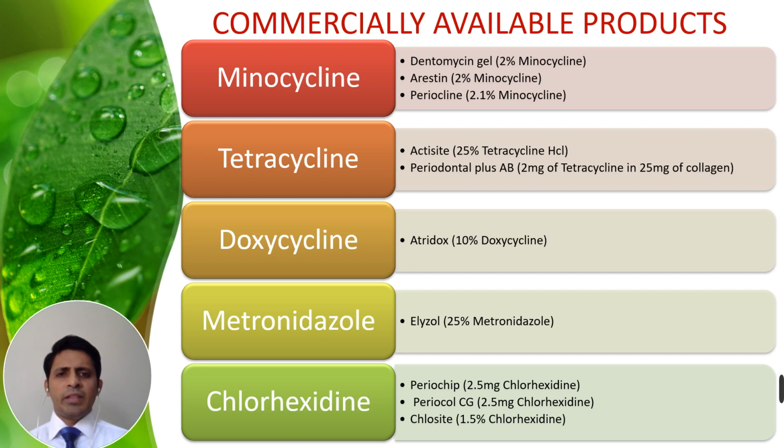It is available in the form of Actisite and Periodontal Plus AB fibers. Doxycycline, again a very useful drug, comes in the form of Atridox. Metronidazole comes under the name Elyzol. And chlorhexidine comes in the form of PerioChip, Periocol CG, and Clo-side gel.